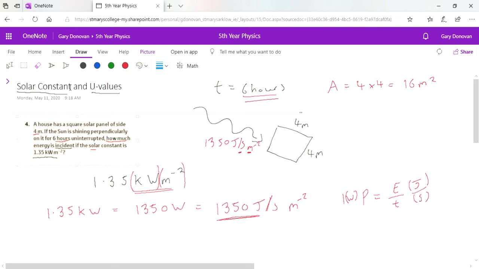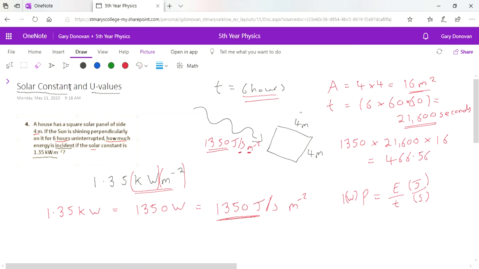We have 6 hours of sunshine, so the total time in seconds is 6 multiplied by 60 minutes in an hour, multiplied by 60 seconds in a minute, which gives us 21,600 seconds. So this amount of energy falls on it for this many seconds on this many meters squared. It's 1,350 per second, multiplied by 21,600, and per meter squared, multiplied by 16. You'll get an answer of 466.56 megajoules.